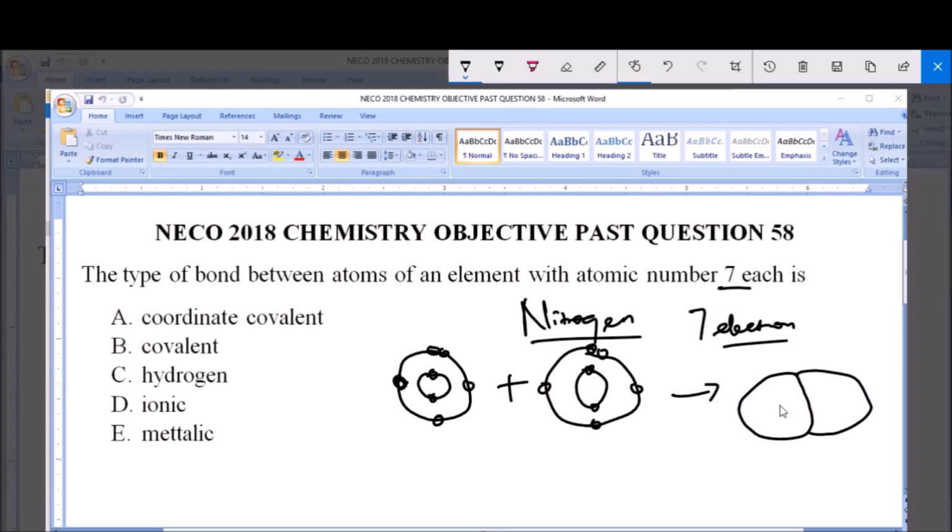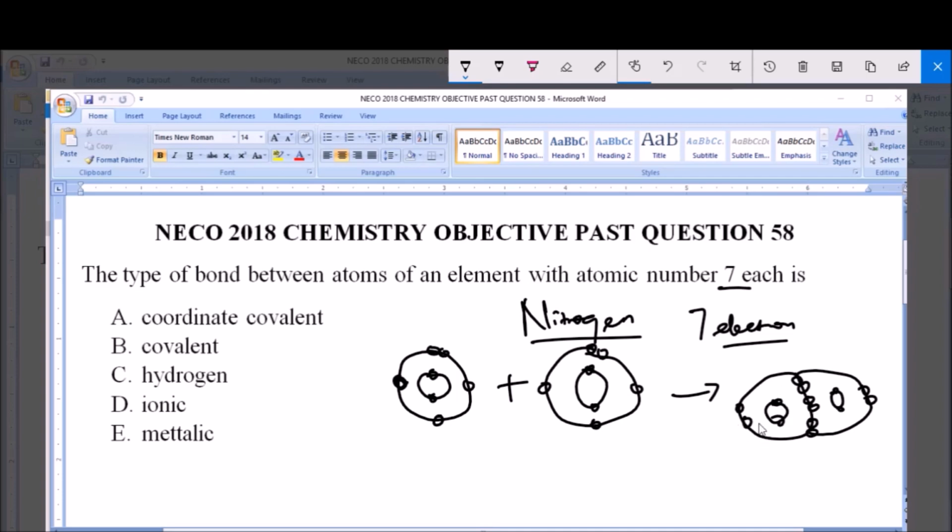These are the 2 atoms, and they will now share their electrons amongst themselves. Now if you count the total electrons, you see that the electrons are now complete on each atom, which is 1, 2, 3, 4, 5, 6, 7, 8.